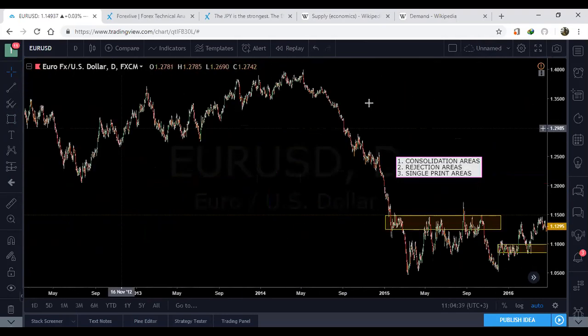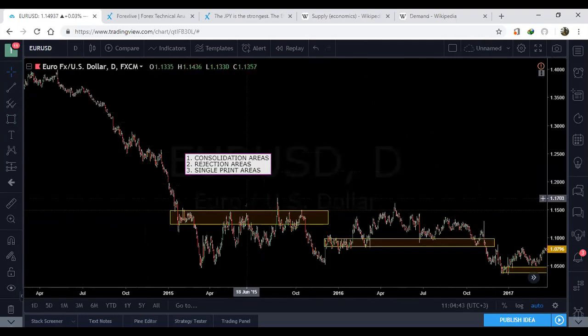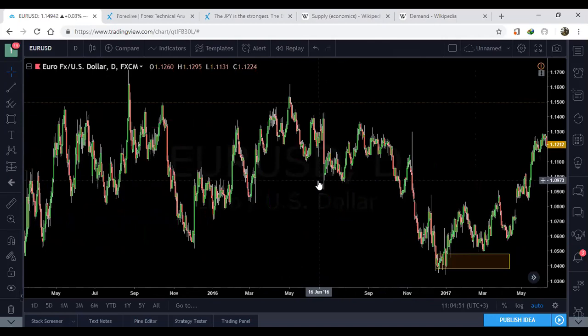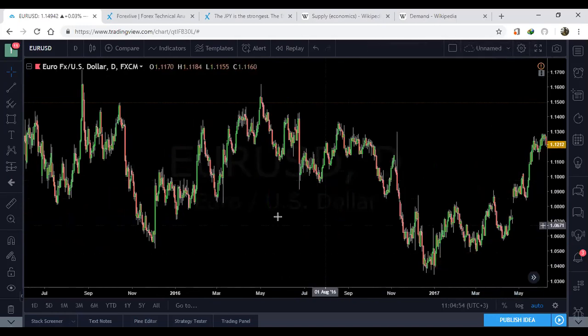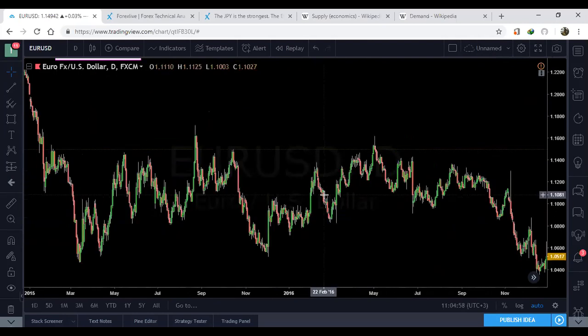So we are going to see another example on rejection areas, where price gets rejected once and never comes back to that area again. Maybe if it comes, it just comes to retest those areas. So we have just an example here.